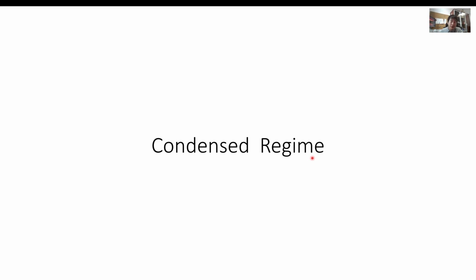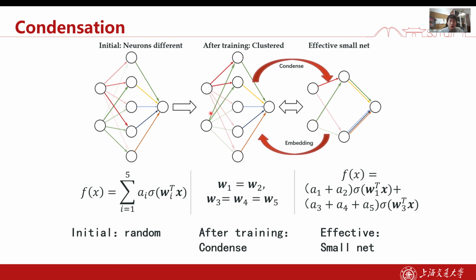Now we are going to talk about the condensed regime. In the condensed regime, this condensation phenomenon is very common, and we have mentioned it. A neural network is initialized randomly but with very small scale. After training, neurons in the same layer will get clustered. In this toy example, the first 2 neurons will have the same weights, and the last 3 neurons will have the same weights.